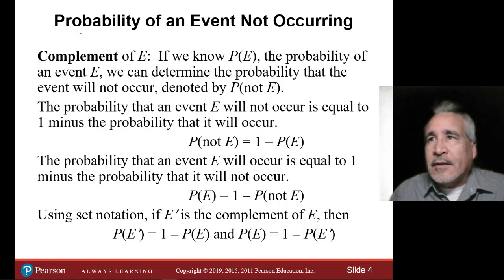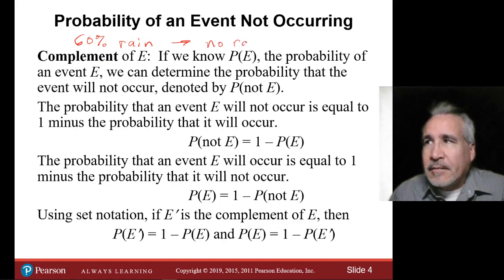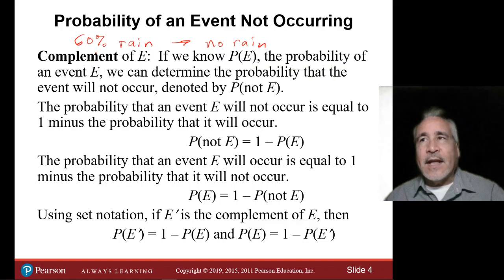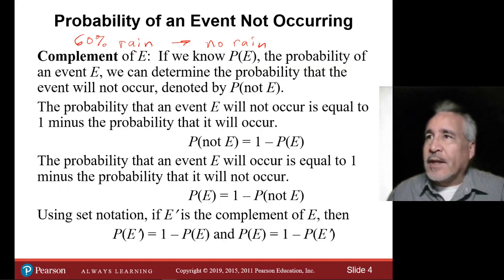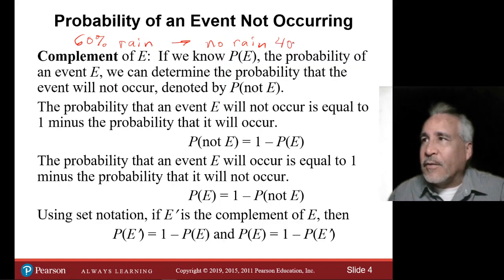If I say there is a 60% chance of rain, what would be the chance of no rain? Well, 100% is everything happening, so 60% is rain, 40% should be no rain. So the not having rain would be 40%.